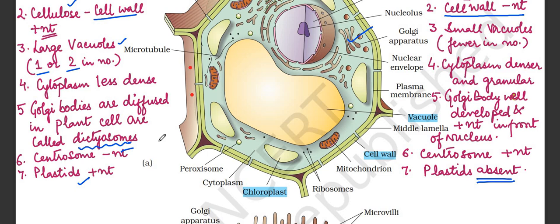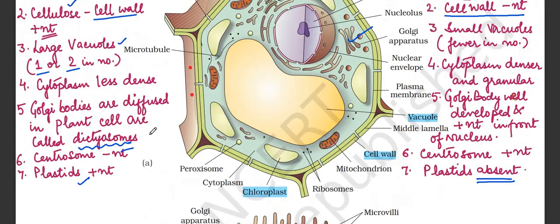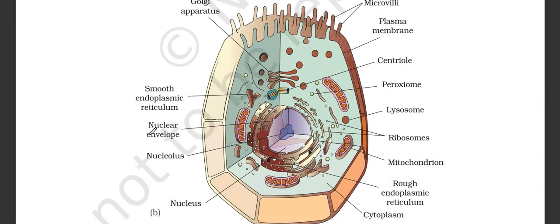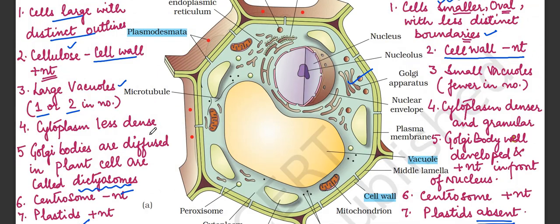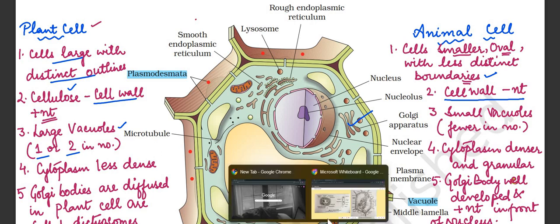So here is the brief. There are many differences between plant cell and animal cell, but I have given a few descriptions so that you can just compare these cells according to this diagram. Okay, so by this NCERT book also you can draw these pictures, or I have shown you the reference here.